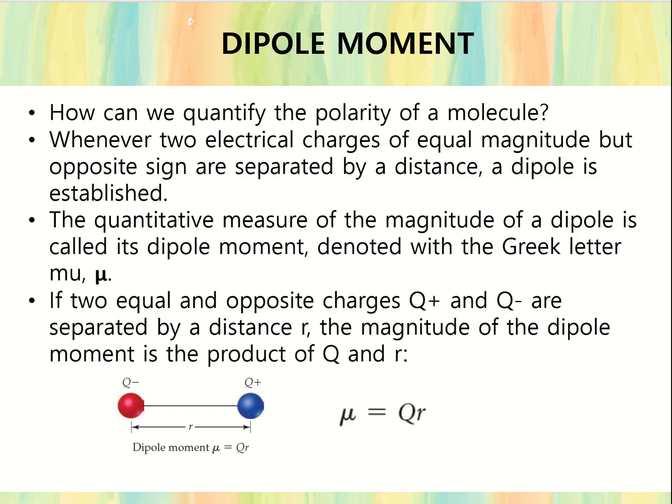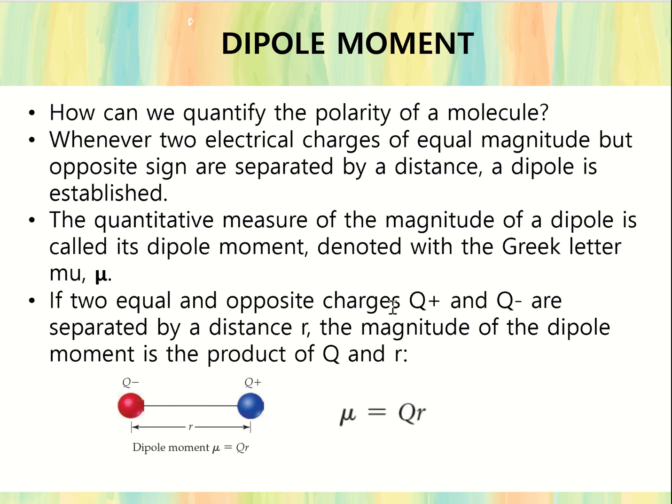So just to increase our knowledge on various terms, another term that we need to be familiar with is dipole moment. You might be wondering, how can we quantify the polarity of a molecule? Whenever two electrical charges of equal magnitude but opposite sign are separated by a distance, a dipole is established.